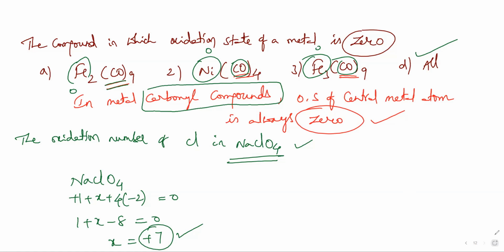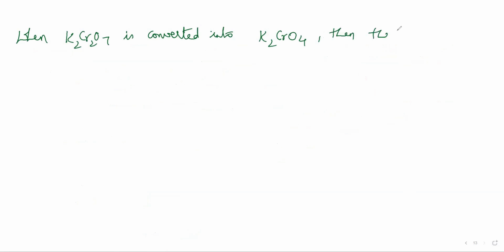Next, move to one more question. When K2Cr2O7 is converted into K2CrO4, then the change in oxidation number of chromium is.